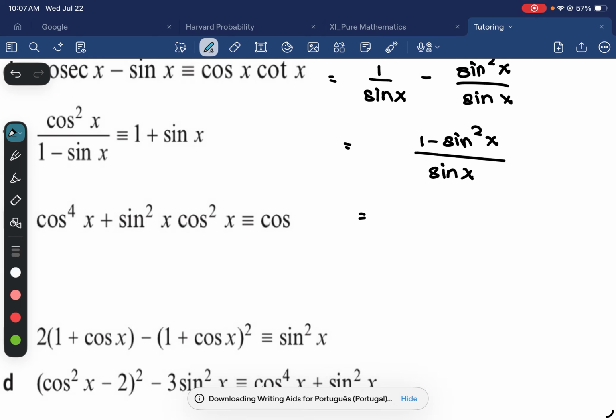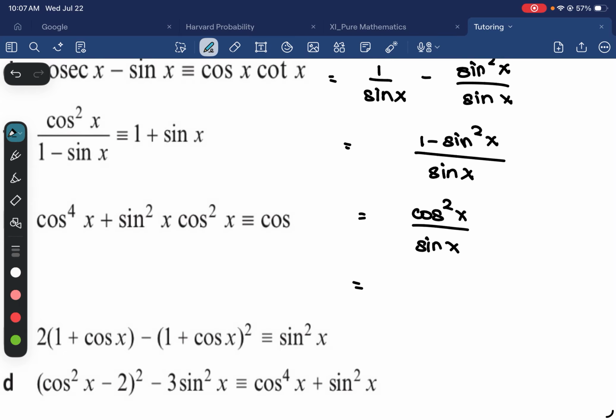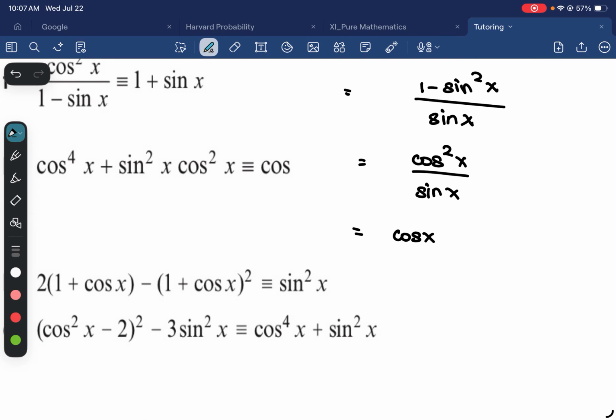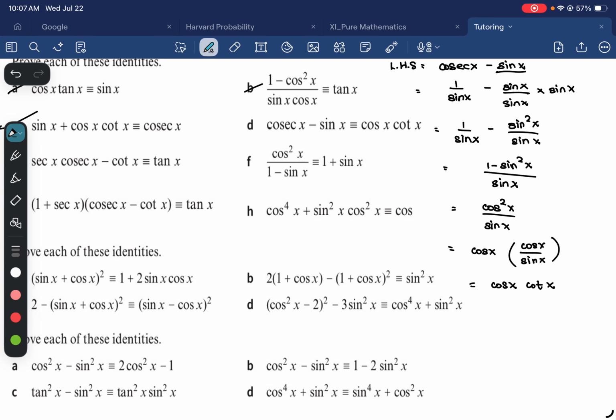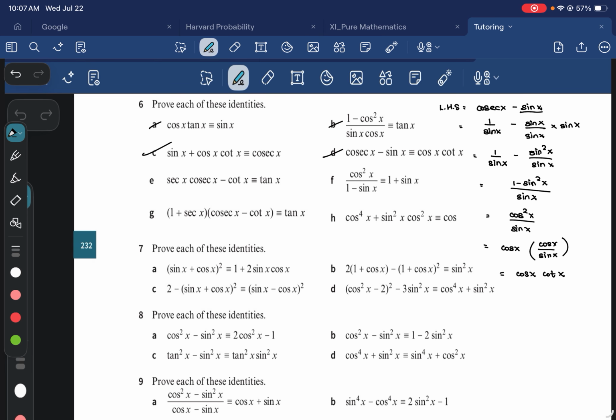And now, 1 minus sine squared x. If you remember the identity, sine squared x plus cos squared x equal to 1, you will notice that this numerator simplifies to cos squared x divided by sine x. And I can write this as, I keep one cos x, and I write it as cos x over sine x. And this simplifies to cos x times cot x, which is exactly what we have on the right-hand side. And we are done.